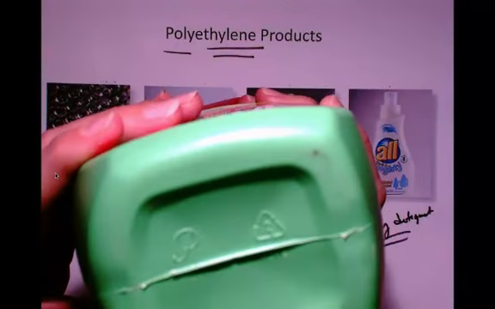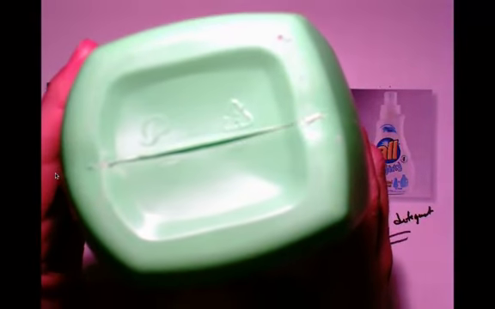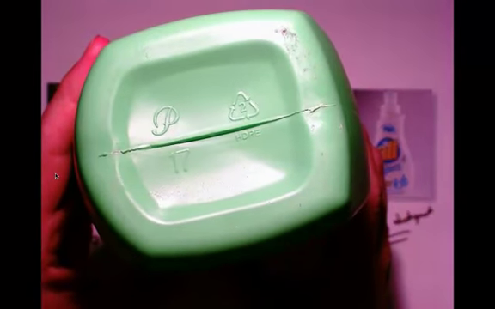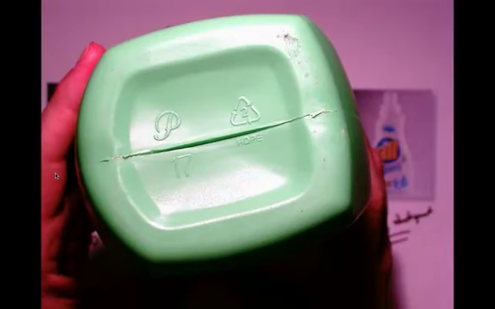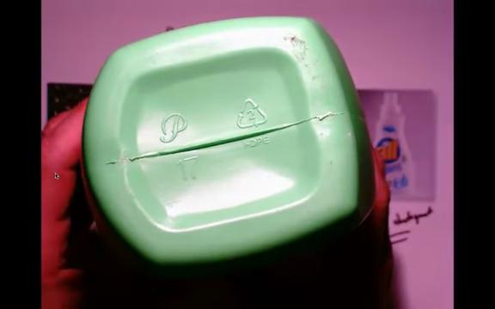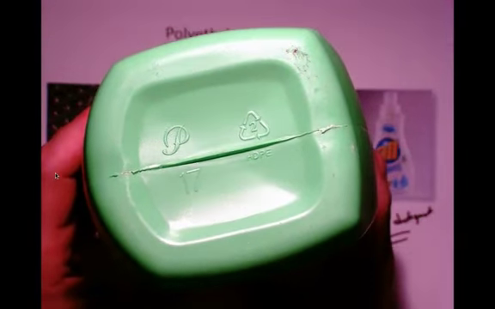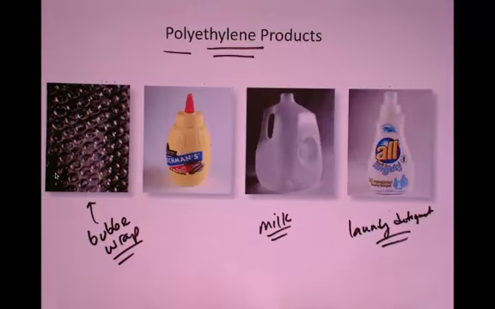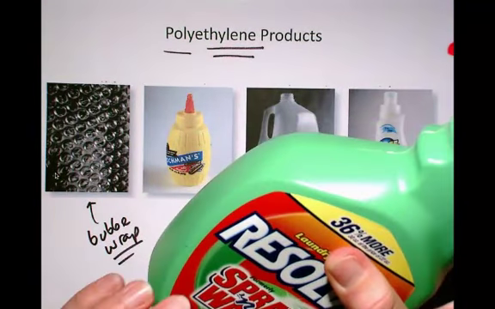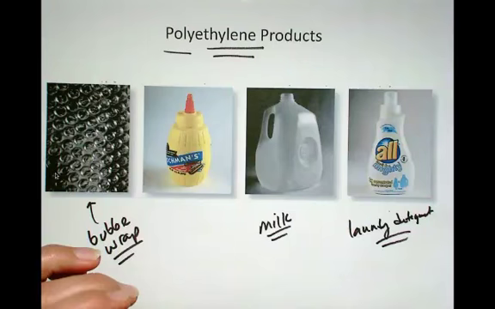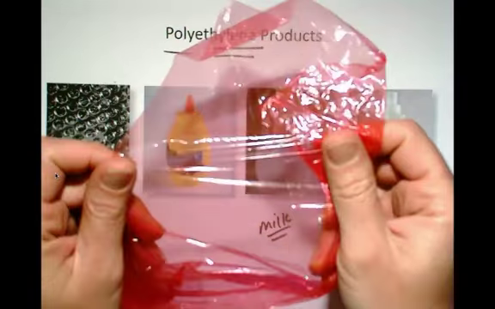And I saw right there, it says under the number 2, the recycle symbol number 2, which we'll look at later in this unit, HDPE. That tells me what type of plastic this is. HDPE stands for high density polyethylene, whereas this plastic wrap is low density polyethylene.